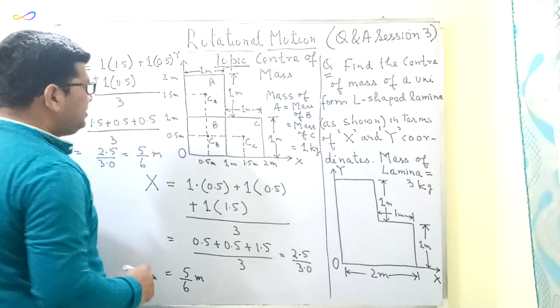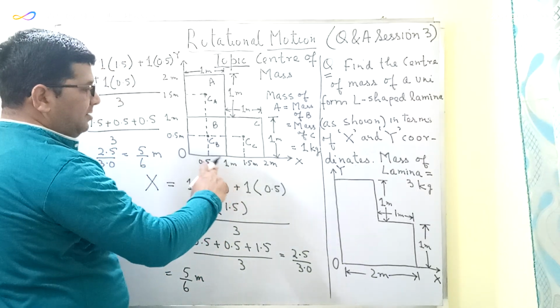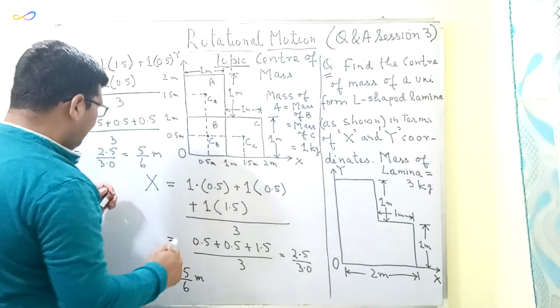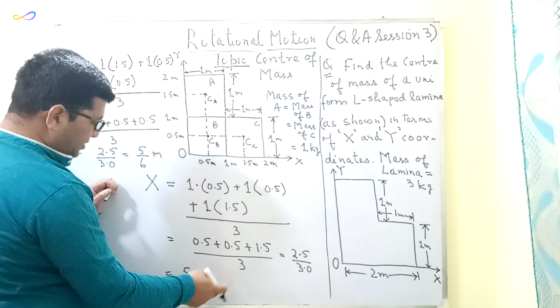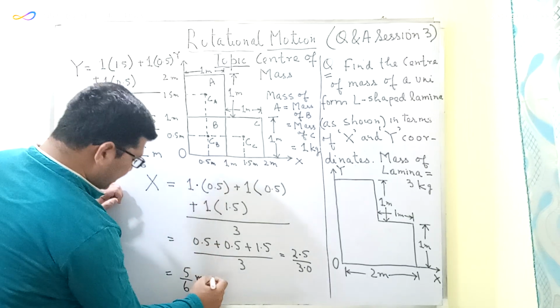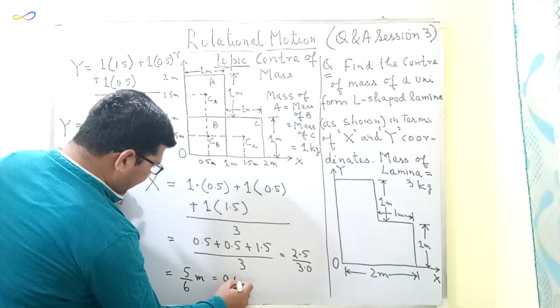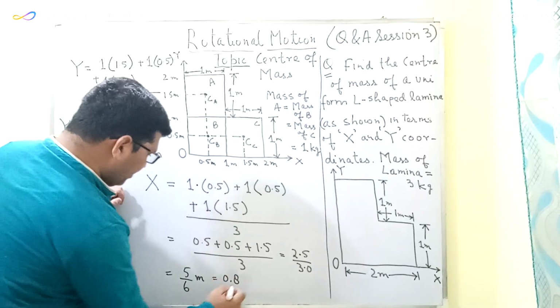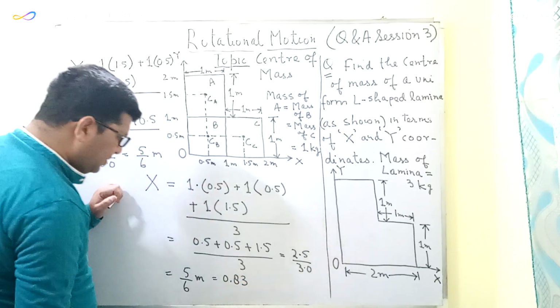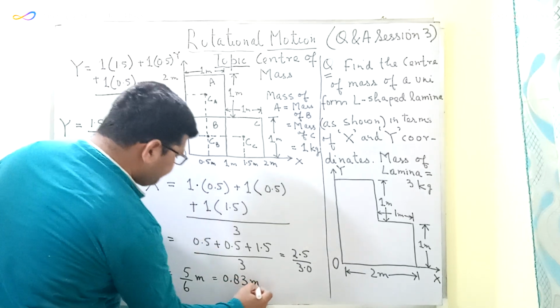If I want to draw the position of the center of mass of this lamina, this will be given by x equal to 5 by 6 meter. So 5 by 6 meter is approximately how much? It is approximately equal to 0.83 meter.